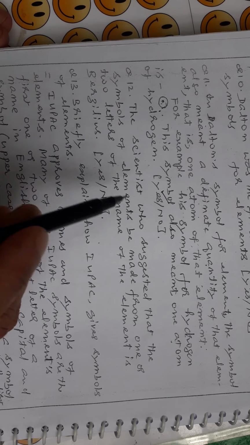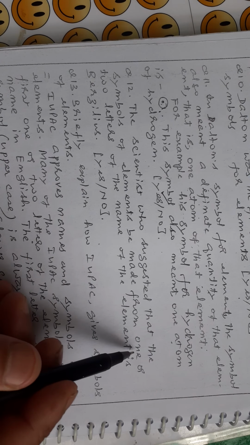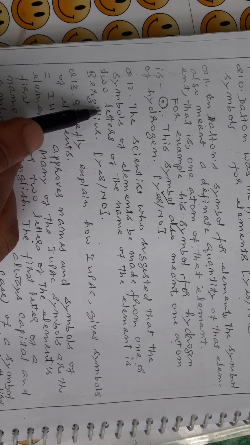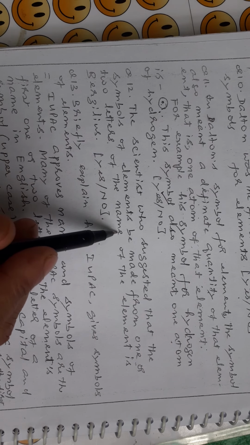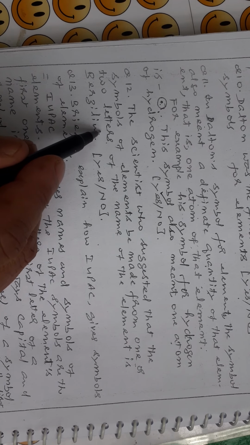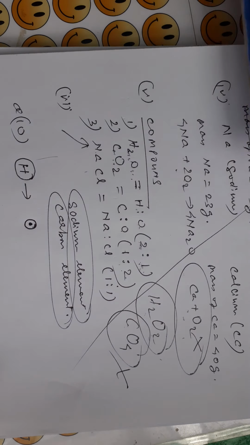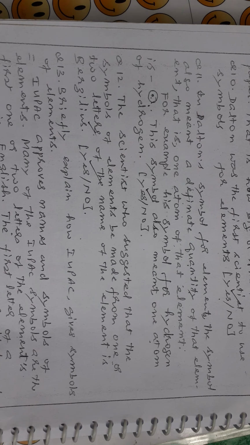Number 12. The scientist who suggested that symbols of elements should be made from one or two letters of the name is Berzelius. He suggested that elements should be represented by at least one letter or not more than two letters.